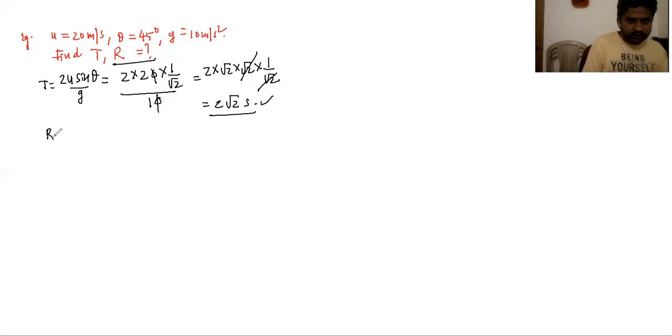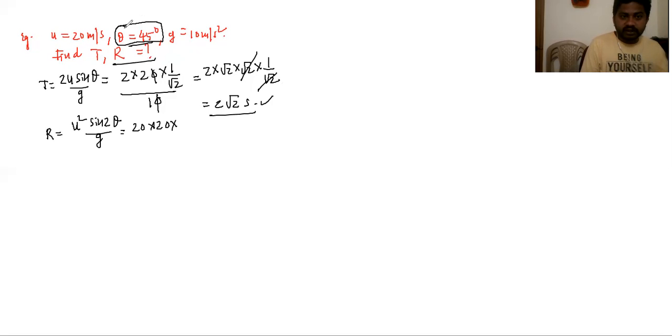So the range is equal to, what is the formula? U square sine 2 theta divided by g. So u square is 20 into 20, sine 2 theta is sine 90. Whenever you see theta is 45, immediately you should recollect that the range you get is maximum. Remember this.